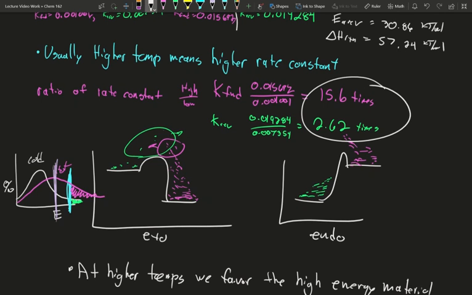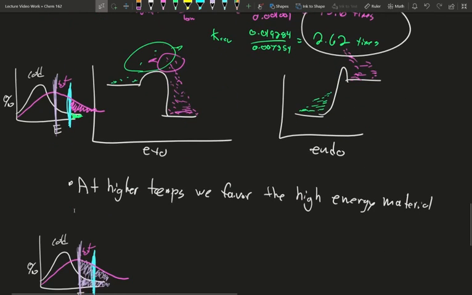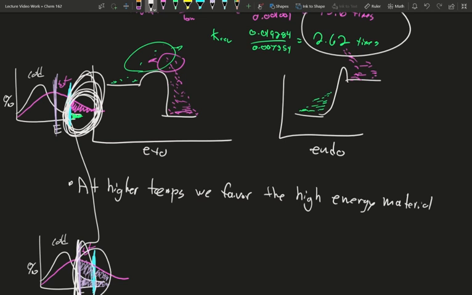What's governing our rate constants? The amount of particles past the activation energy. Something with a larger activation energy being further out is going to see a larger ratio of increase with an increased temp than something that was much earlier in its energy, having already had a reasonably significant amount of the particles at that energy.